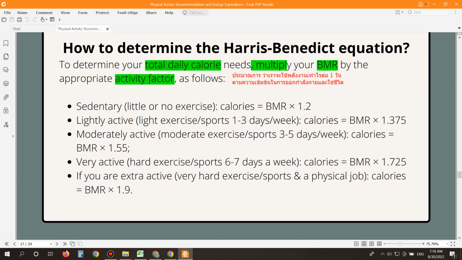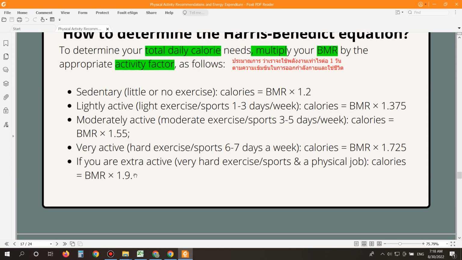You can choose the activity factor from your lifestyle. If you exercise 3 to 5 days per week, you use 1.55.